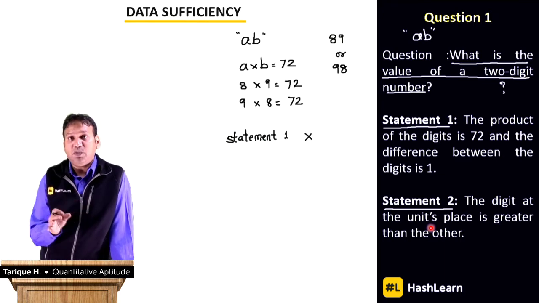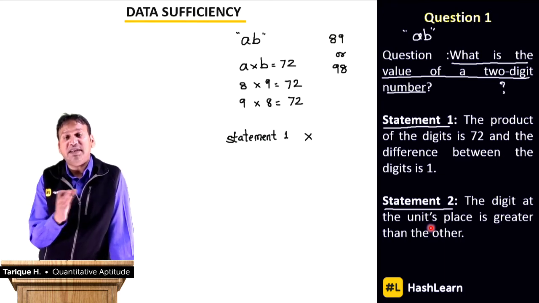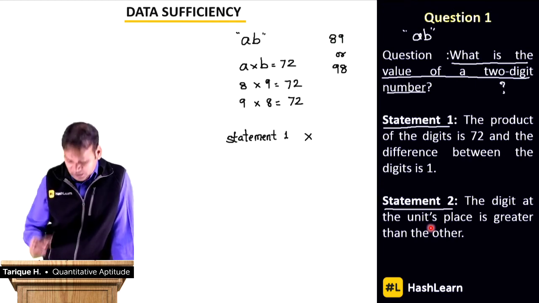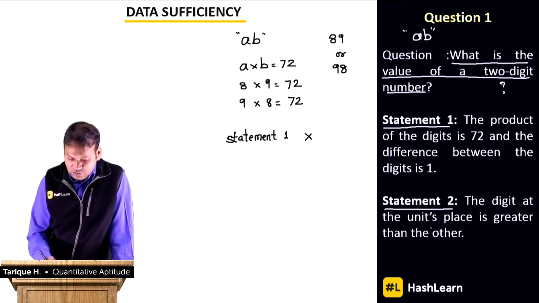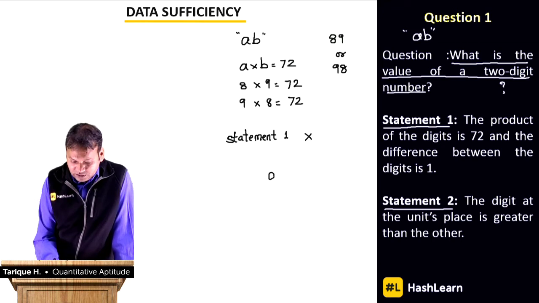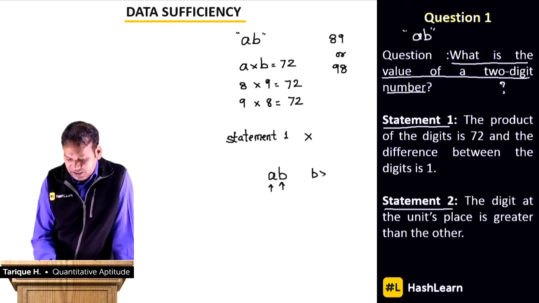That you should never do. What you should always do in the examination is consider the statements independent of each other. So when you start solving statement 2, you first understand the 2-digit number is AB and the digit at the units place, B, is greater than the other digit A. It's just telling you that B is greater than A.